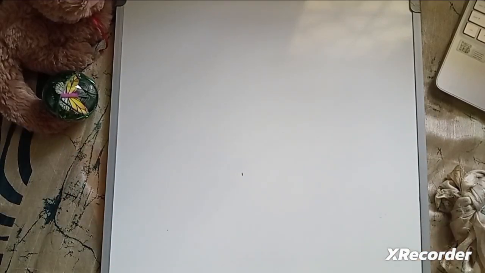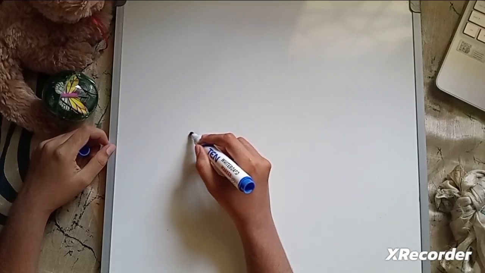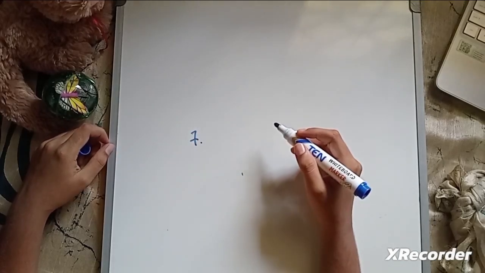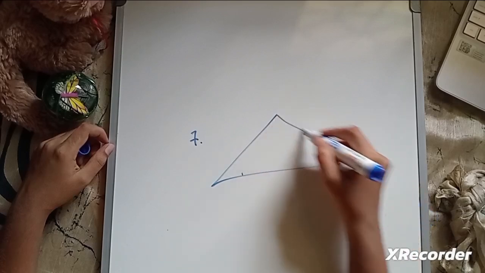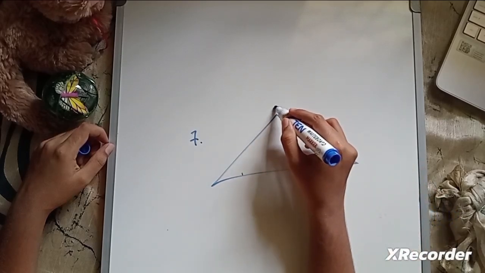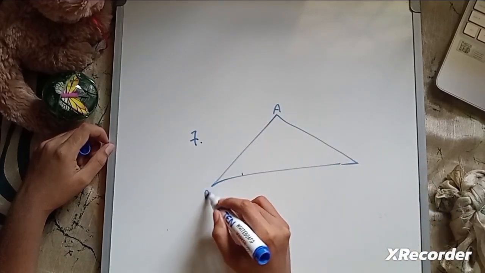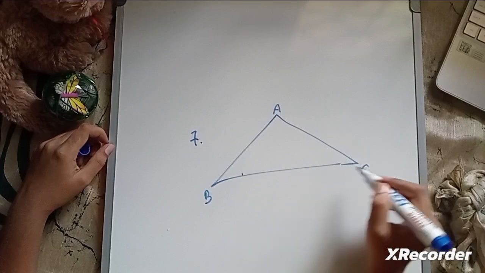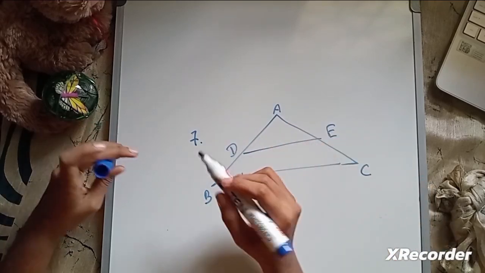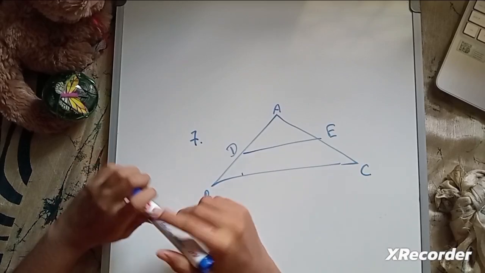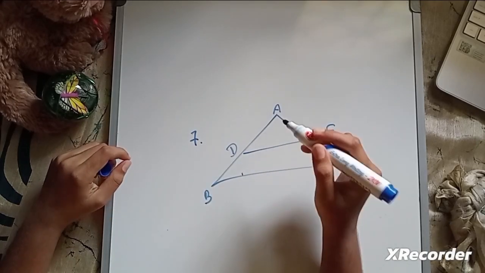Then the seventh question, they have given a diagram here. Label it as A, B, C, D, E. They have given that AB equals AC.